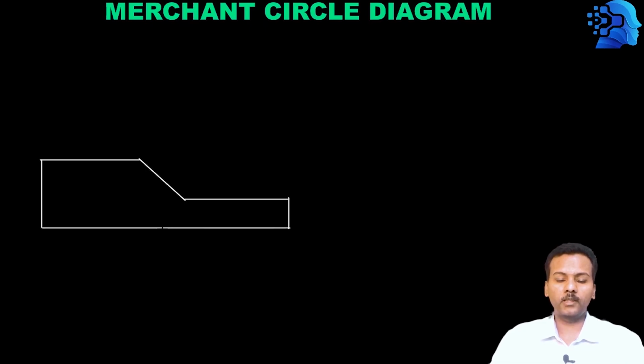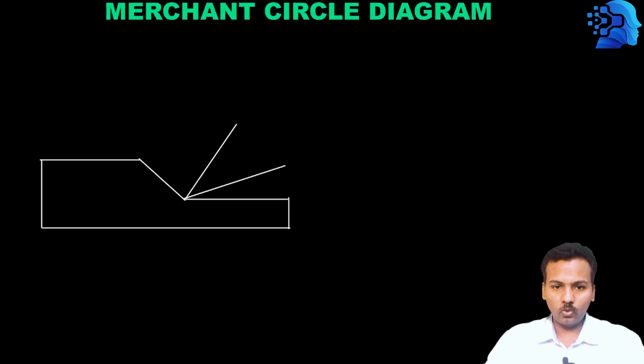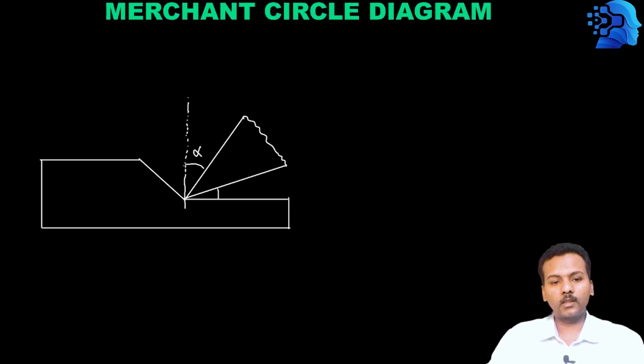Let this be the workpiece, and the machining is done by the tool. The tool is inclined to the finished surface at the clearance angle, and inclined to the normal to this finished surface at an angle of alpha, also known as the rake angle.